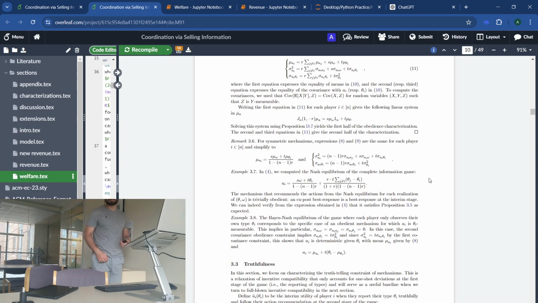Okay, get back to the... So what is it? Nash equilibrium.